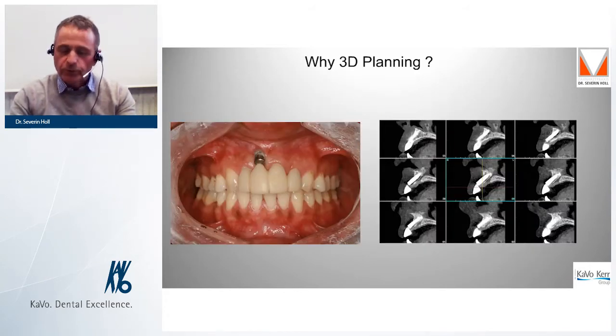But why should we use a three-dimensional planning? Consider the failure in the aesthetic zone, which we can see in this slide. The CBCT on the right side shows that this bone isn't sufficient for an implant or for an aesthetic implant position. In the CBCT cross-section, you can recognize there isn't any bone buccal of the implant.